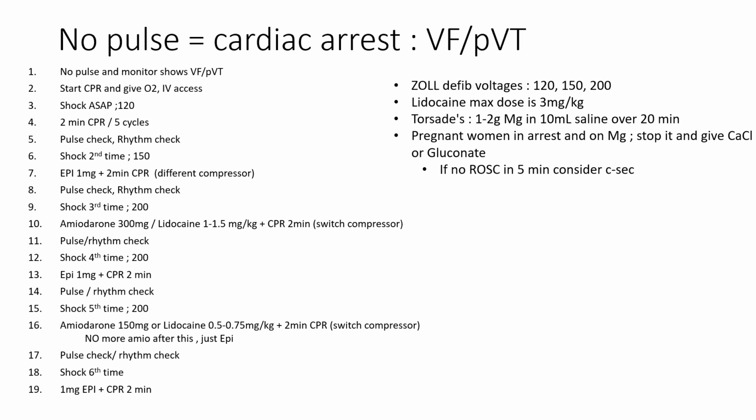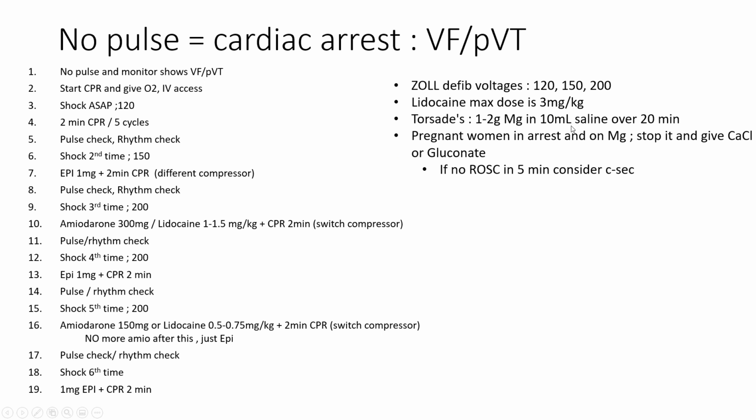Remember, every time you switch after you shock, every time, remember to switch your CPR people, because every 2 minutes they're supposed to be switched out for effective CPR. So just remember that cycle. After amio 150, for example, then you're going to give epi again during the next cycle, and you're not going to give amiodarone anymore. So after 300 and 150, you're done giving amio. Remember that as well. And lidocaine maxes out at 3 milligrams per kilogram.